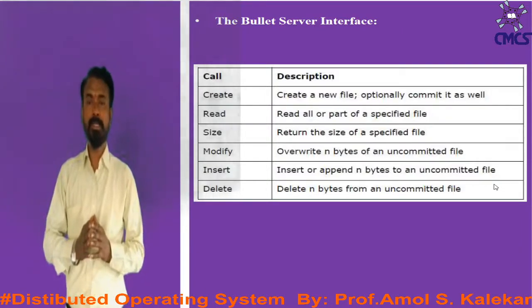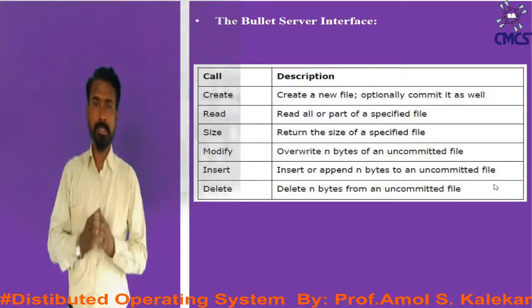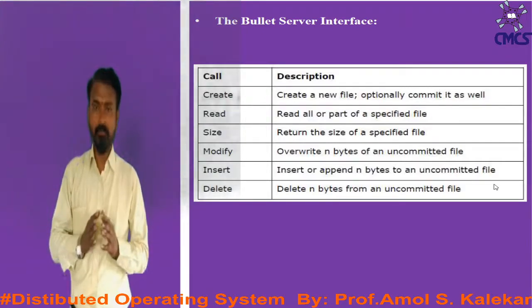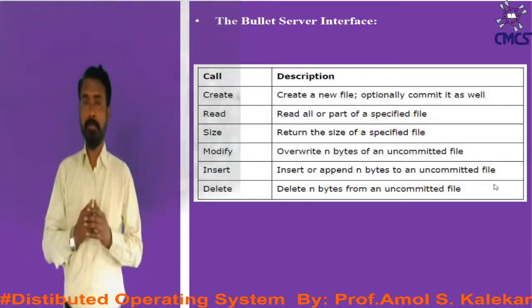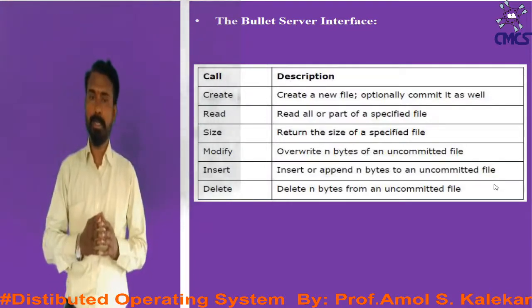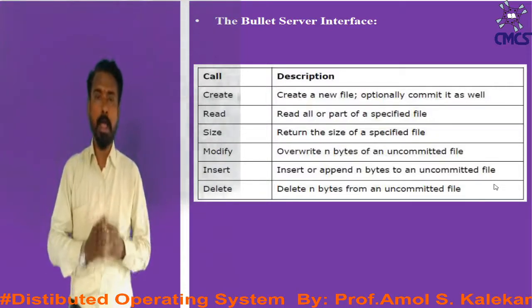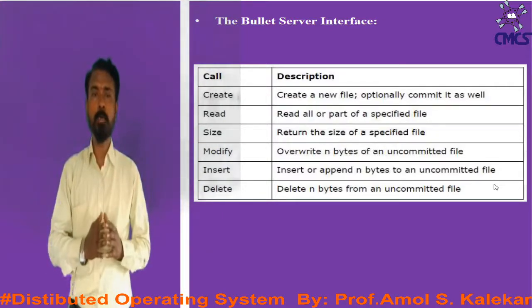Then there is another call, which is modify. It is responsible for overwriting n bytes of an uncommitted file. Then we have the insert call, which is responsible for inserting or appending n bytes to an uncommitted file.